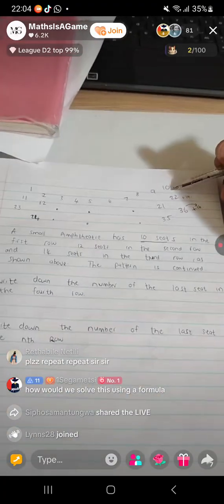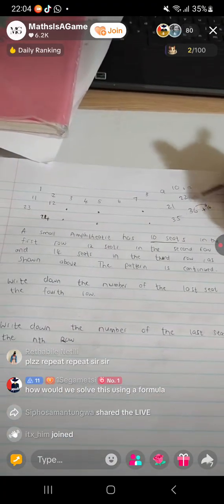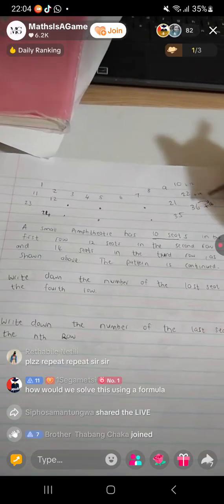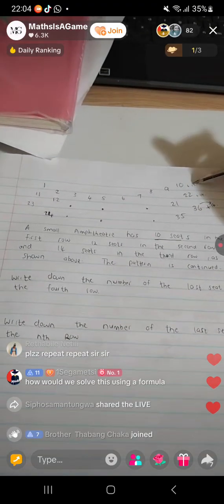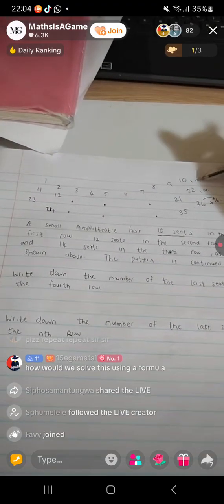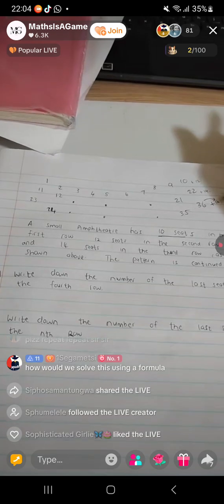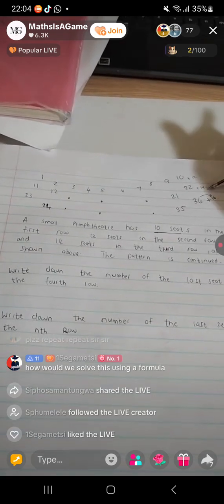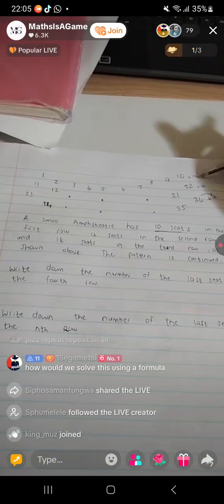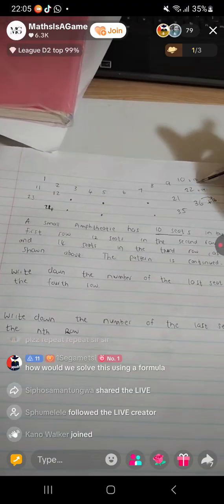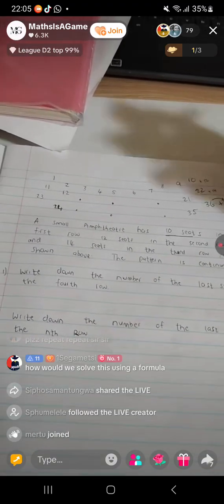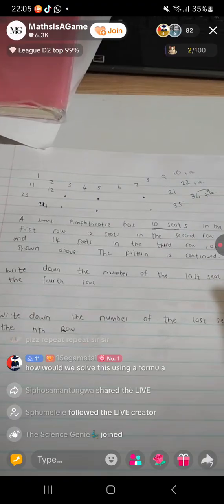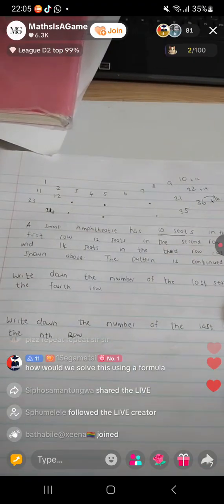So I'm sure you can see that from this last row, there is an evident arithmetic pattern or an arithmetic sequence. The addition is forming our arithmetic sequence. All right, I hope you can see that.